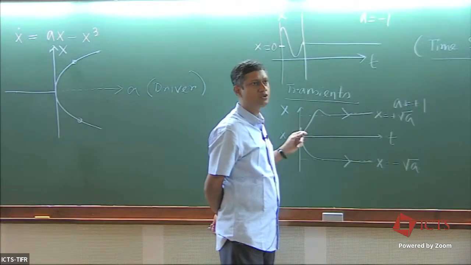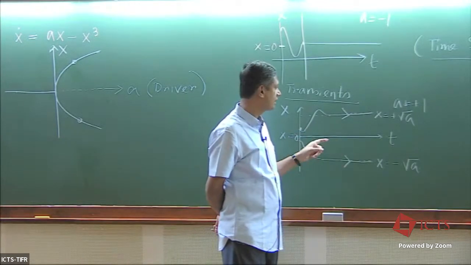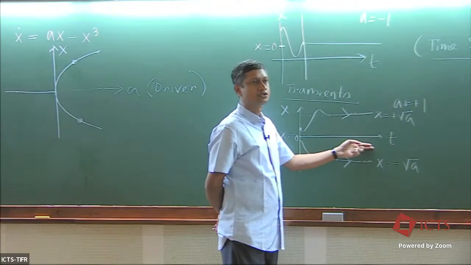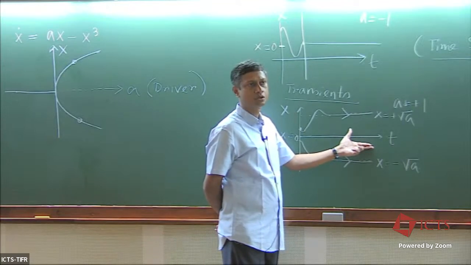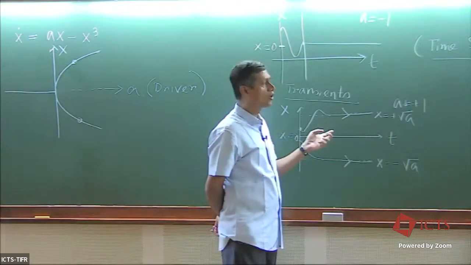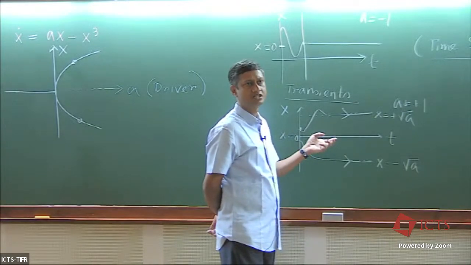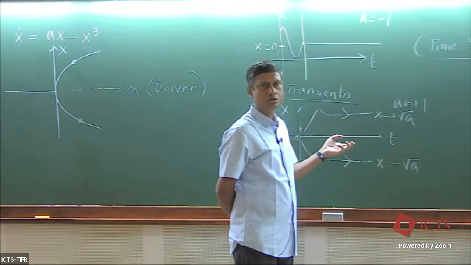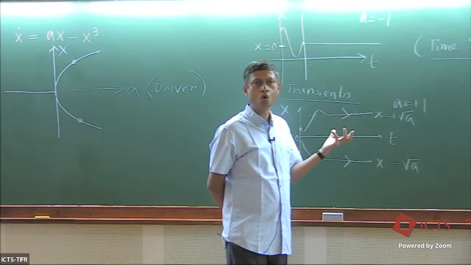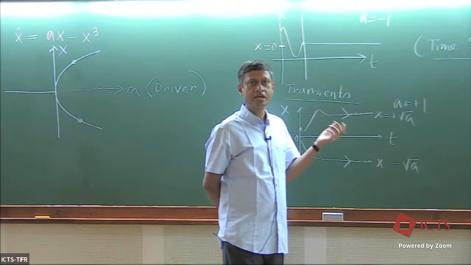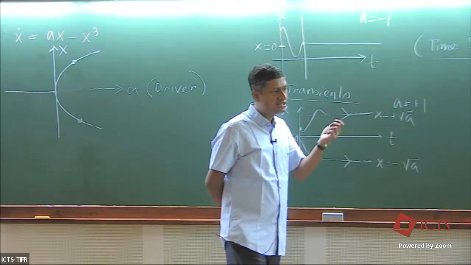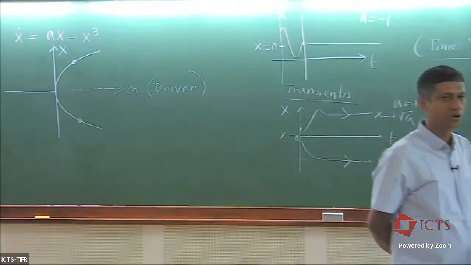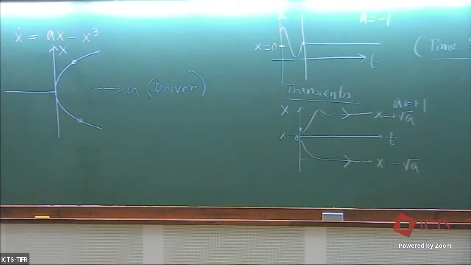right? But earlier, with the variation of A for negative values, the initial condition was not playing a role, right? So the equilibrium point was globally stable, because there was no alternative attractor. Anywhere in the phase space you start, you will converge to the equilibrium point.